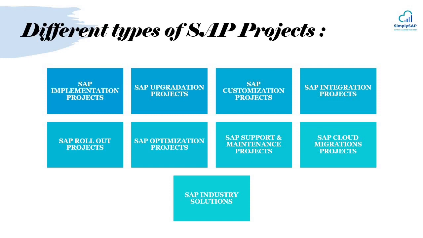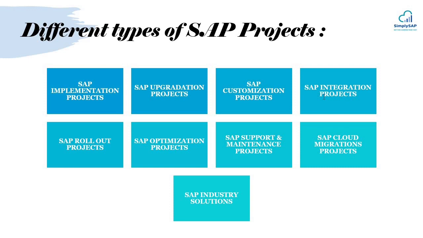The next one is the SAP customization project. Customization projects involve tailoring SAP software to meet specific business requirements. This could include developing custom reports, forms, workflows, or modifying existing functionality. The next one is the SAP integration project.